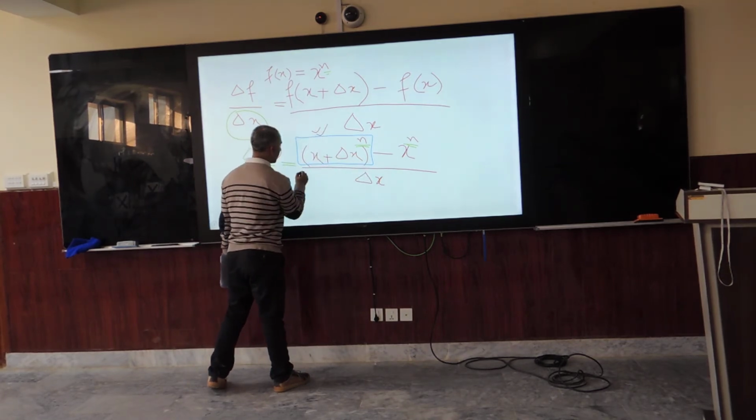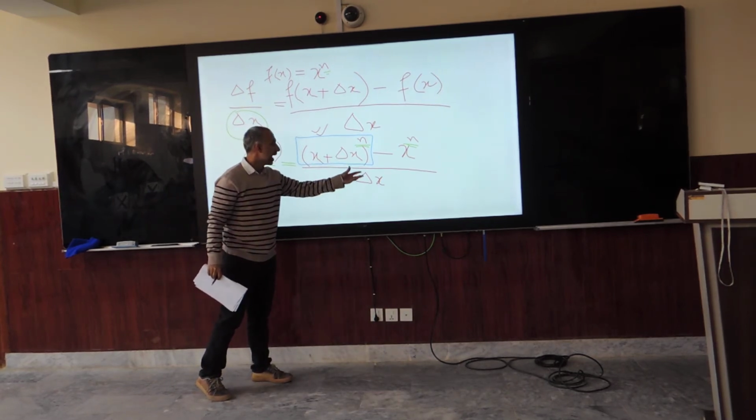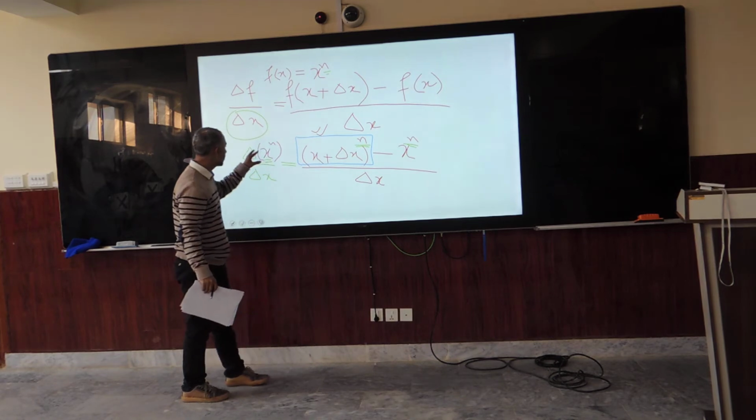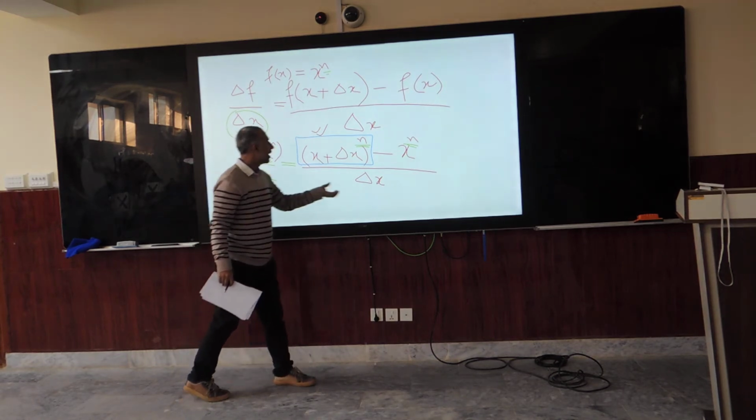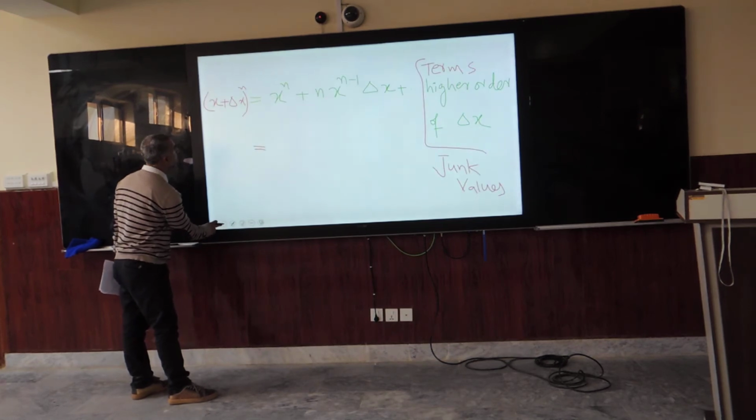Now we substitute the value of (x plus delta x)^n at this place, and write everything as it is.